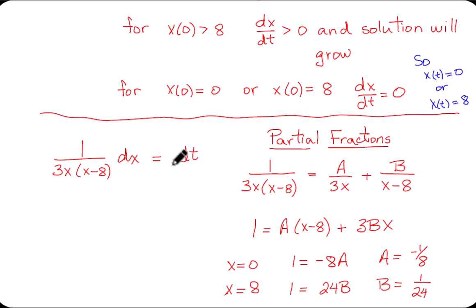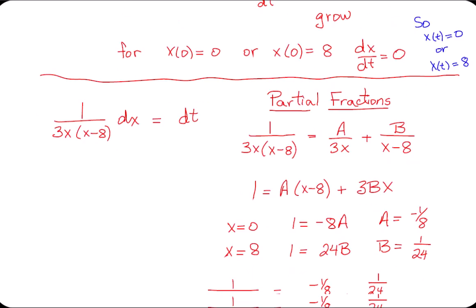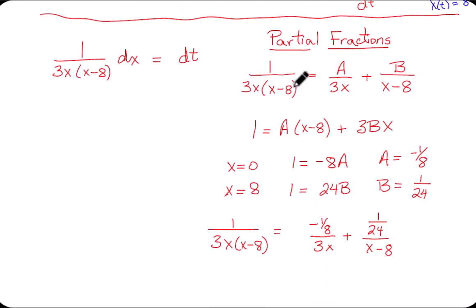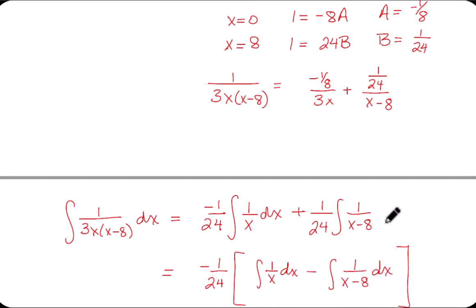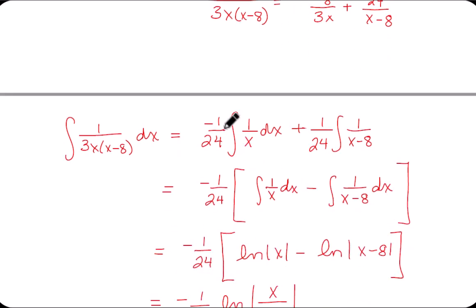All right, so we separated the problem. Right-hand side is easy. I'm going to integrate 1 dt. On the left, I need to use partial fractions again. So multiply through by that denominator. Pick x as 0 and 8 so we can solve for A and for B. All right, let's put all that in, pull out some of the constants.